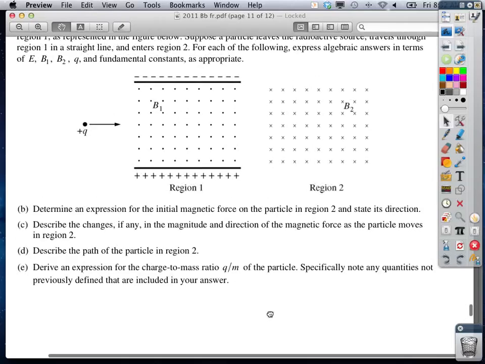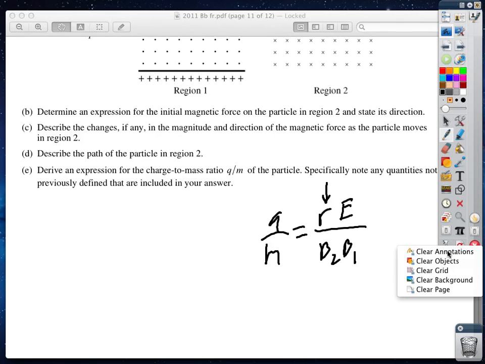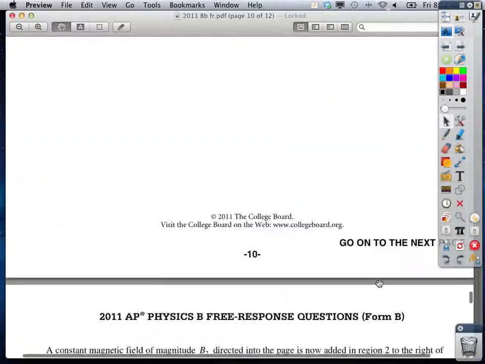I think we had everything, didn't we? Yeah, I just said that Q over M was equal to something over B2, B1. RE? Okay, so you have to say R because you probably want to say that even though R was determined in part D, it's not a given. All right, and that is that problem.